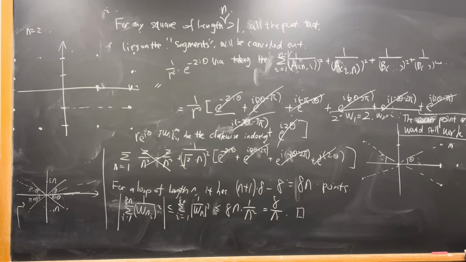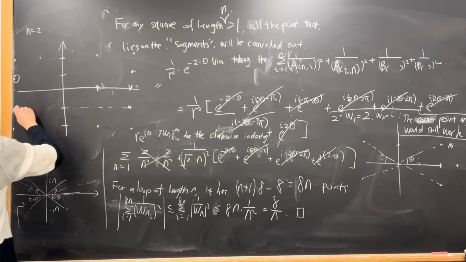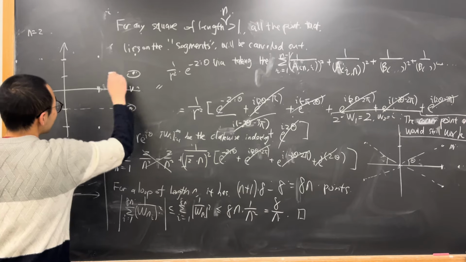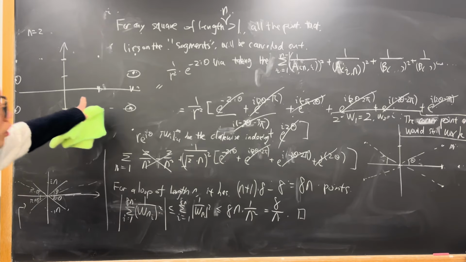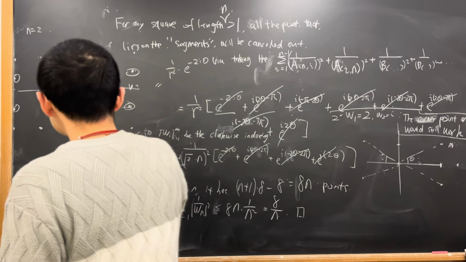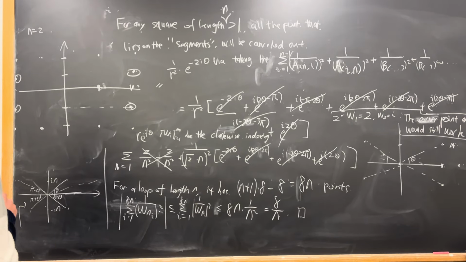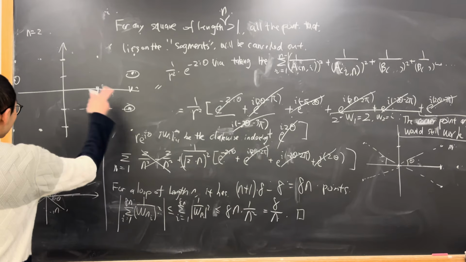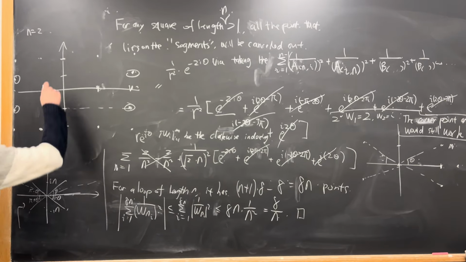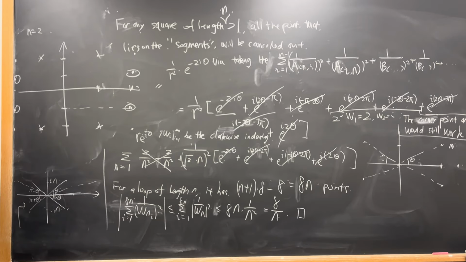Okay, so suppose that these are all equal. So look at these 4 points: 1, 2, 3, 4. Right. So this forms exactly the same structure as this one. Okay. So same radius, and the angles cancel out. So these 4 points are cancelled out, and also these 4 points. They share the same type.